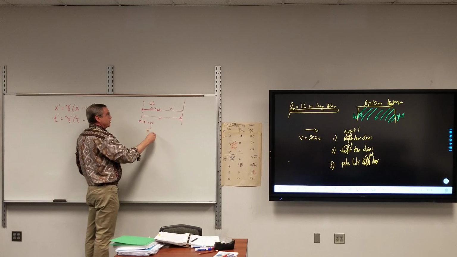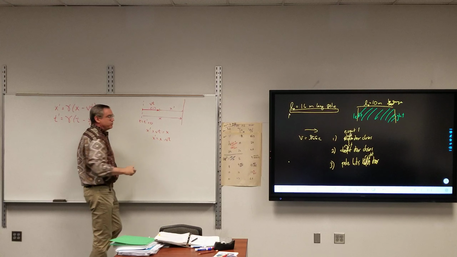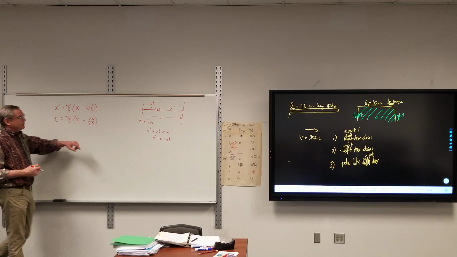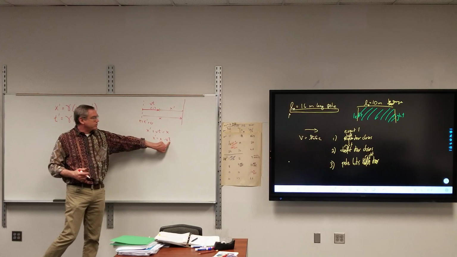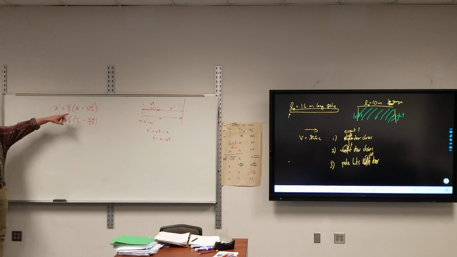And so x prime plus vt is equal to x, or x prime is equal to x minus vt. If you just do simple Galilean relativity, just think through what it would be like in everyday life, that'll tell you the signs. I have my non-primed x and t together. I have the primes over on the other side. Because it's negative, that's a negative.